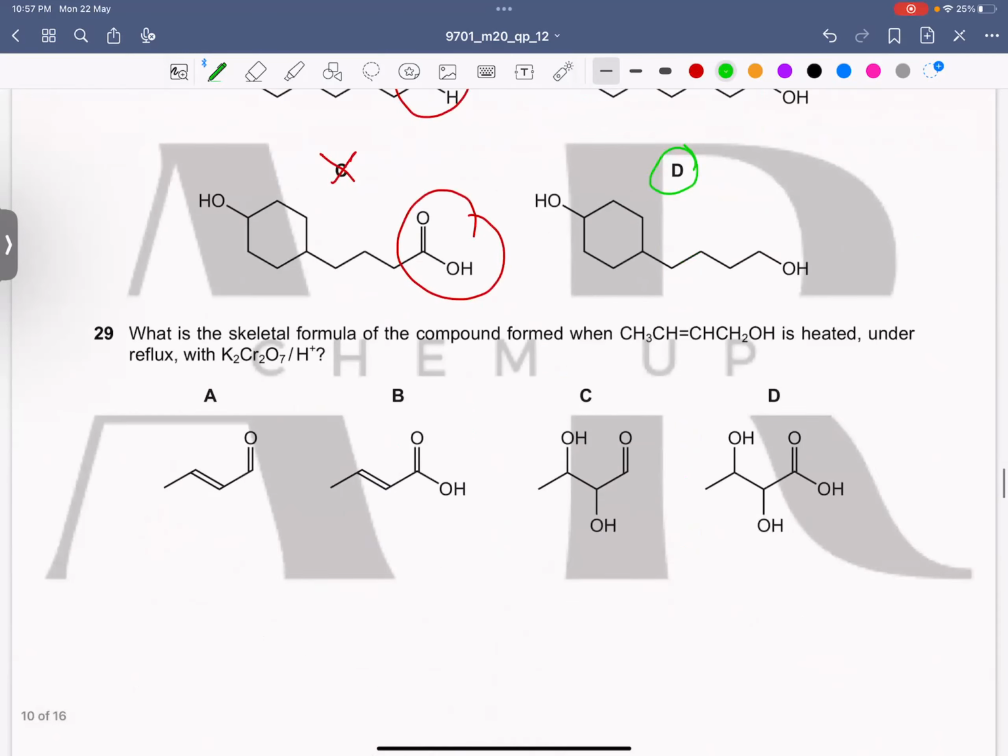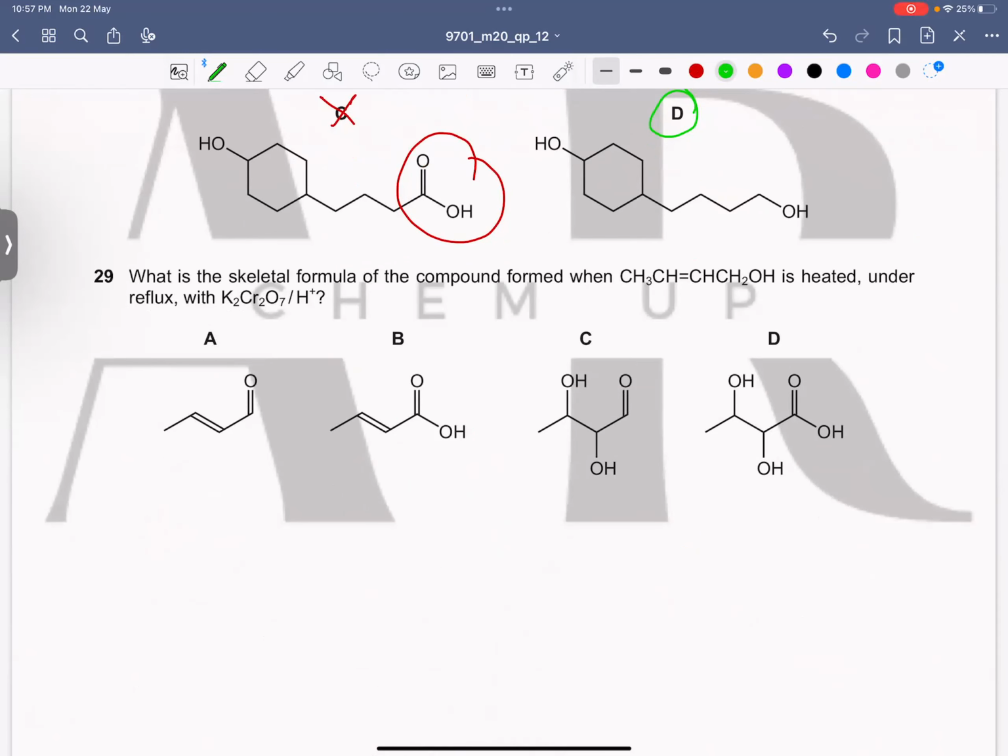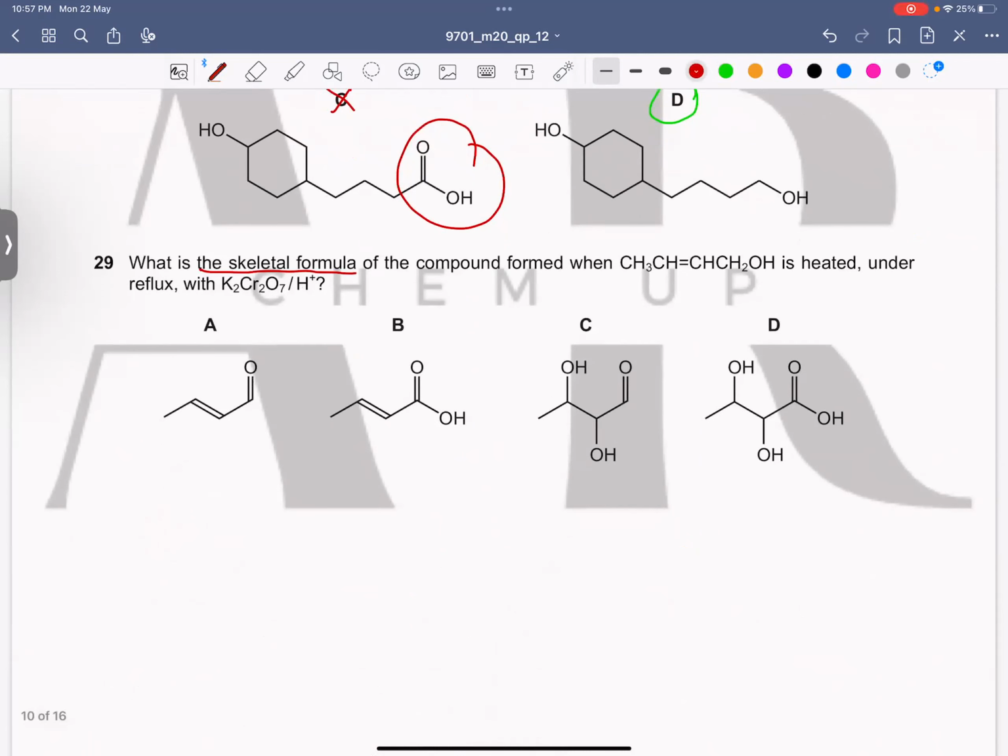Now, question number 29. What is the skeletal formula of the compound formed when this is heated under reflux with K2Cr2O7? Remember, K2Cr2O7 reacts with alcohol but not with aldehyde. So what would happen? It stays CH3, CH double bond CH and CO2H.